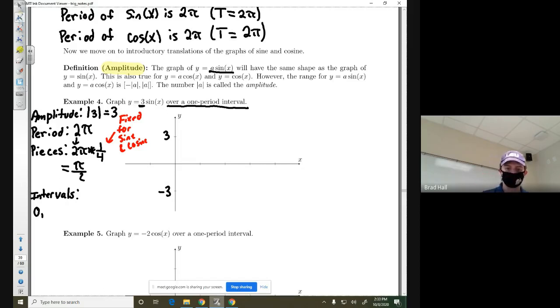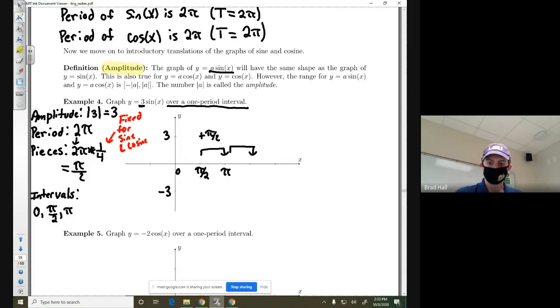We add it to 0 to get pi/2. Slowly we're figuring out the intervals here. And then how do we get to the next one? We have to add another pi/2. That would be pi, because we know that this displacement has to be pi/2. And then the next one, we have to add another pi/2.